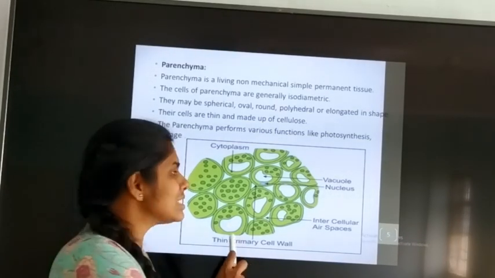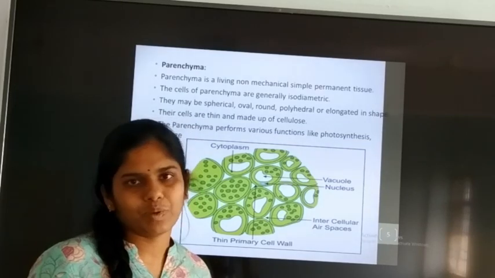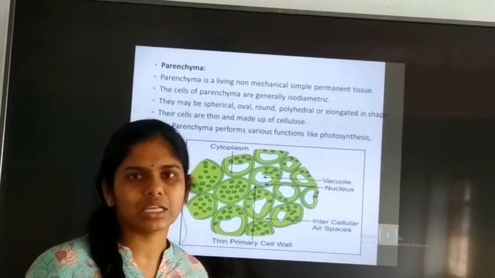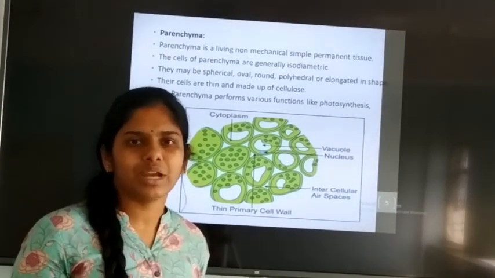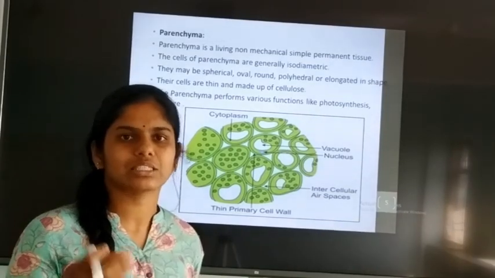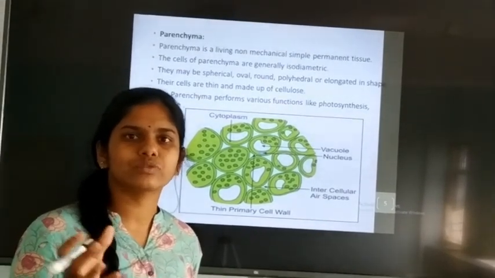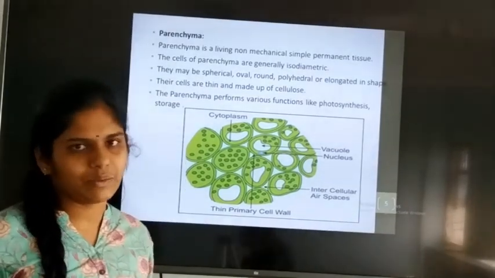So why is it called living? Because the parenchyma cells consist of living material: cell organelles, cytoplasm and a nucleus. Because of the presence of those living components in the cell, it is called living.